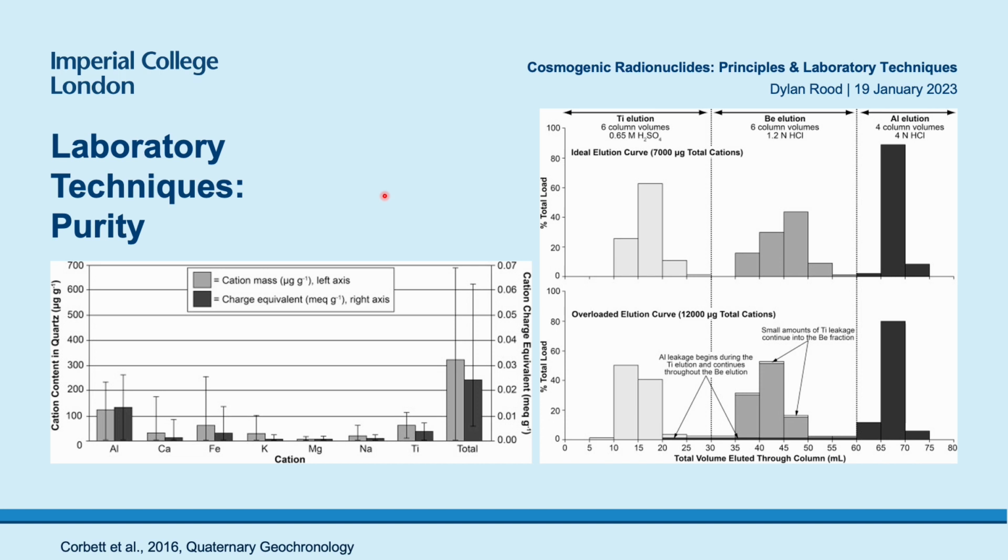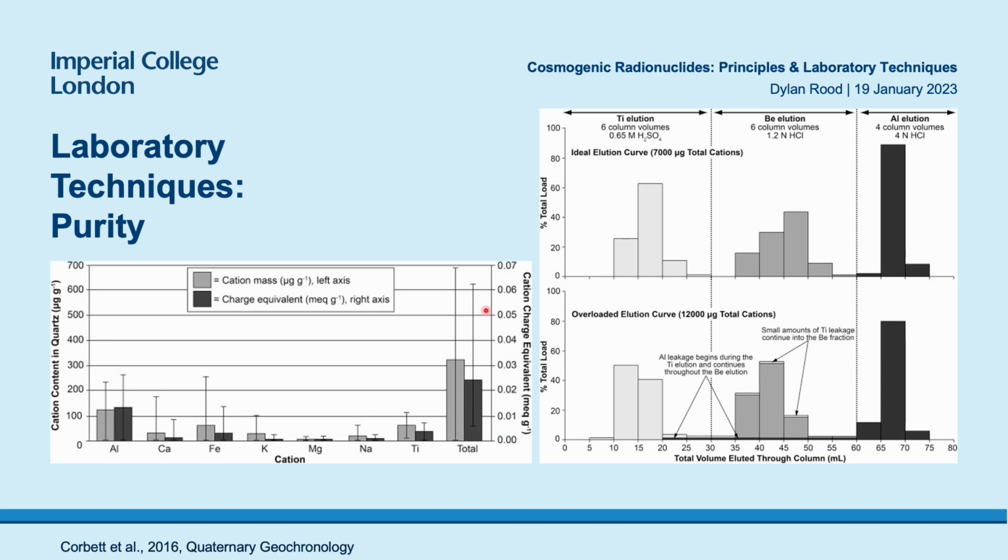So in terms of purity, I want to focus on that for a second, because it really does matter. This is some work that we published a few years back, looking at optimizing the beryllium-10 chemistry specifically. This plot on the left is showing a suite of cations. On the left-hand axis is the load of the cations in micrograms per gram.